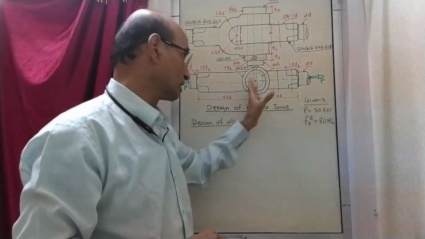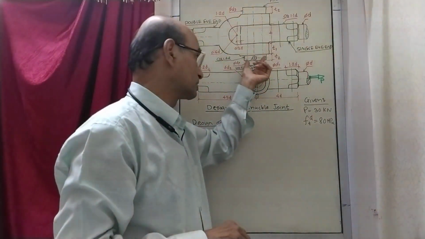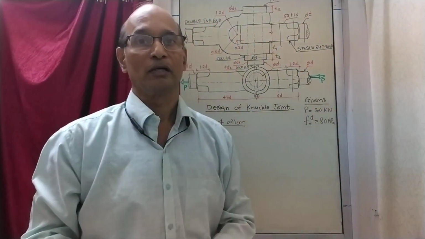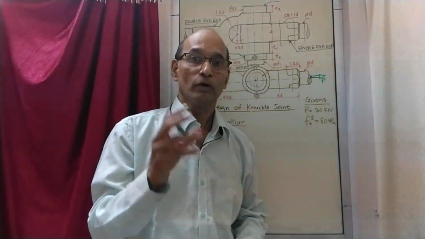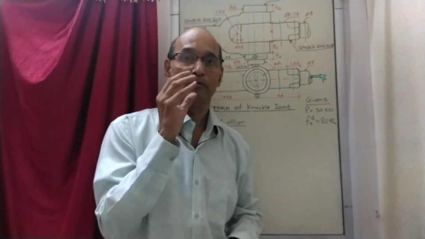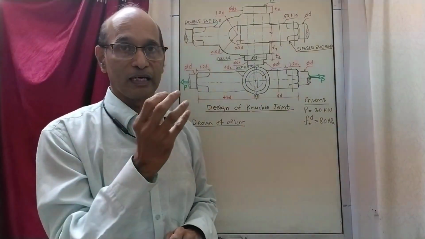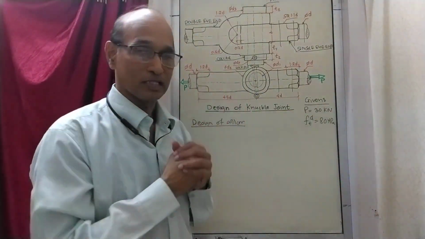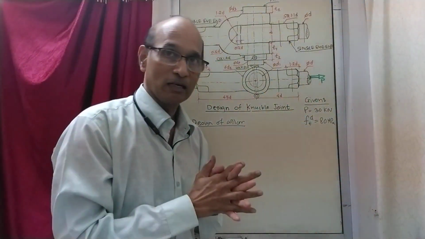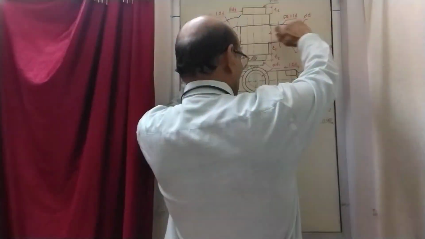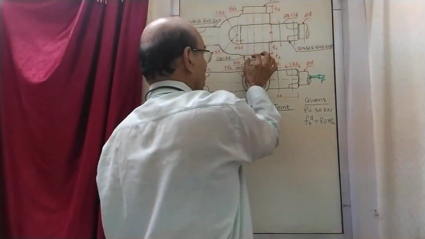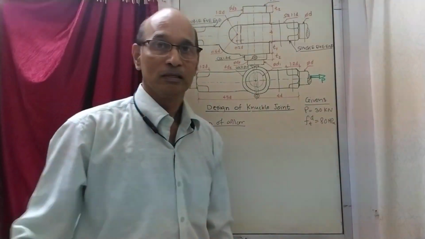Now in this condition, just try to think whether any stresses are acting on this collar or not. And if the stresses are acting, we have to find out what are the stresses and which is the resisting area which is resisting this particular stress. Now you will find that when this load is applied, even if this collar is not there, even if this lock pin is not there, nothing will happen.